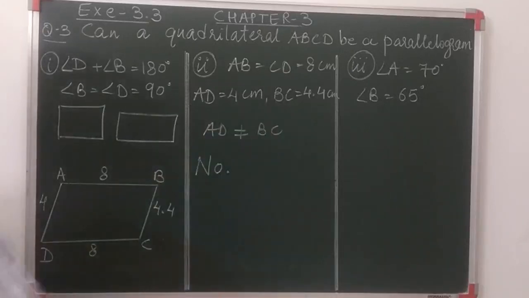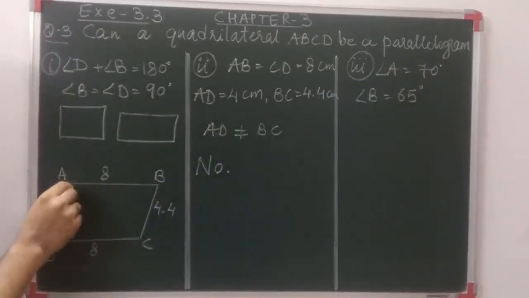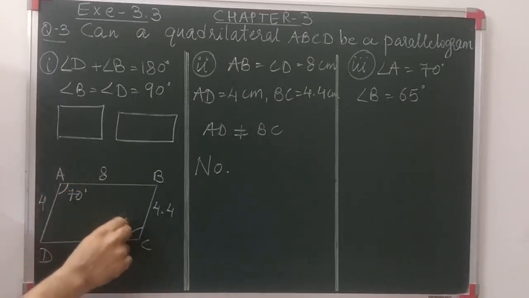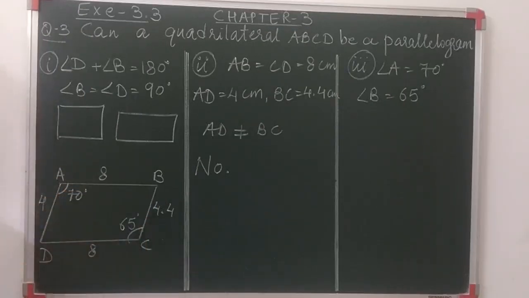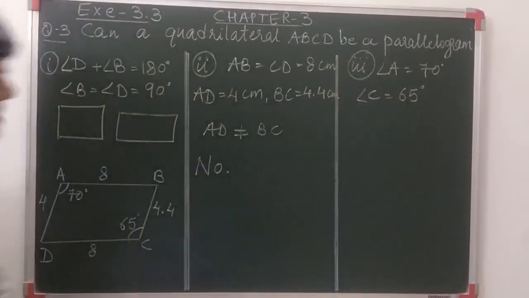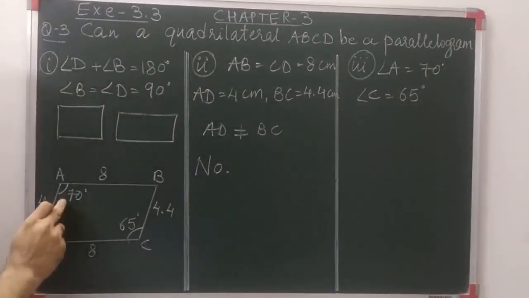Let us move towards the next one. Angle A is 70 and angle C is 65. Again, remember the pair of opposite angles. Here I have written angle B. Just a minute, let us see that question. No, it is given angle C in the question. I am really sorry. Angle A is 70 and angle C is 65.